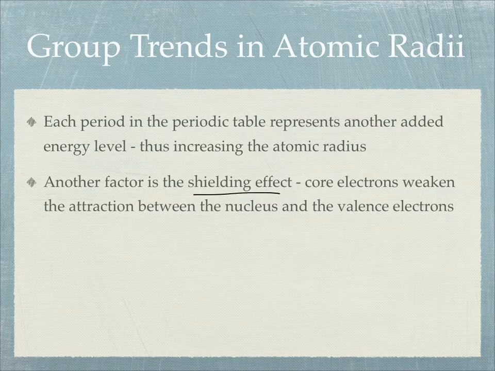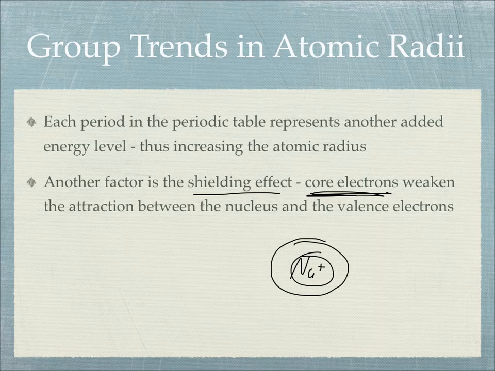The second factor is what's known as shielding. Shielding is when those electrons in between, the core electrons, anything that's not a valence electron, tend to shield those outer electrons. So, we've got our sodium, and that first level is providing some shielding. That second level is providing some shielding.